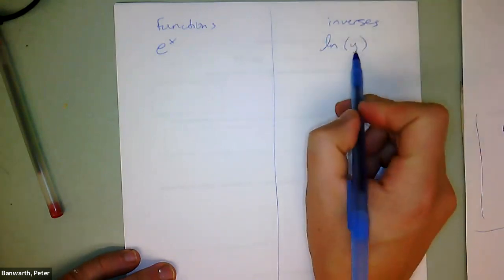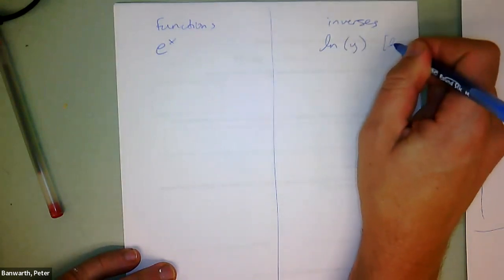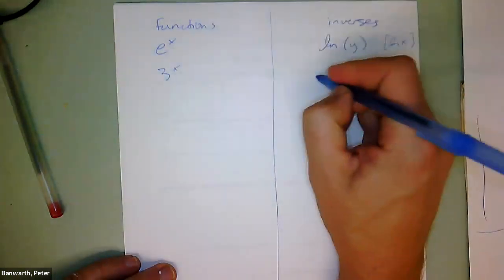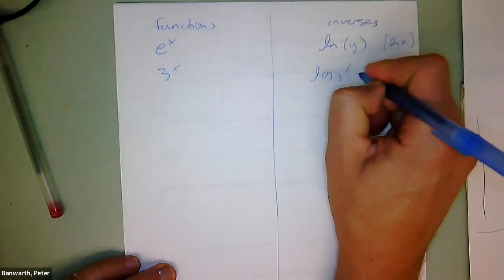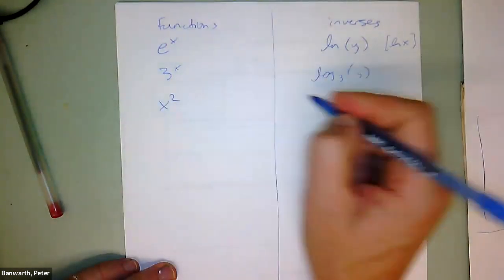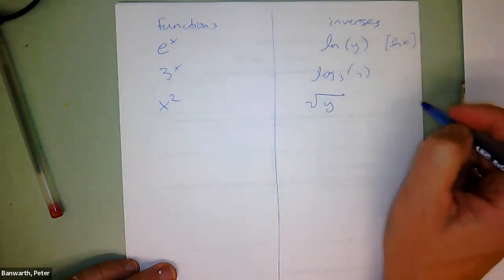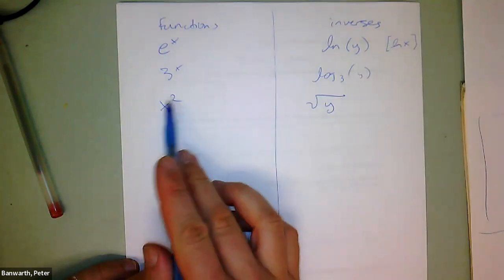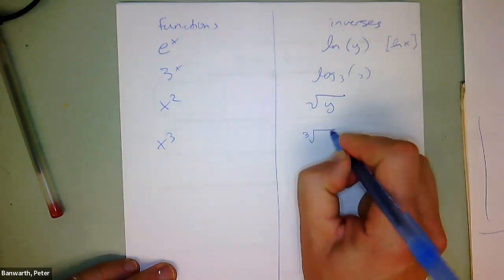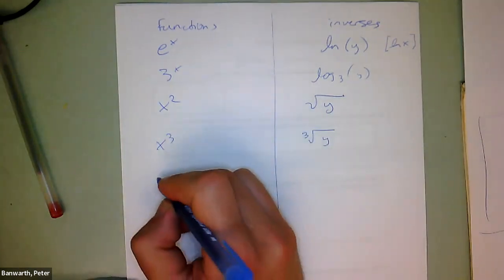I'm still going to use y, but you'll see natural log of x. 3 to the x, log base 3 of y. x squared, square root of y. How do you undo the square? You take the square root. x cubed, cube root of y.